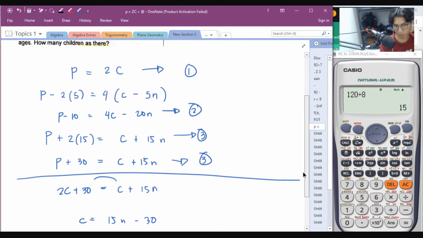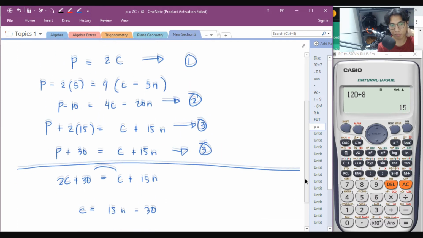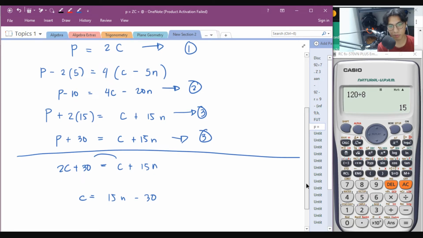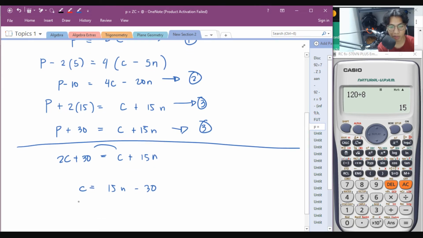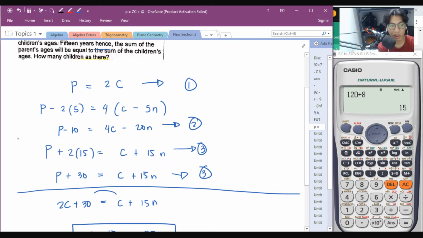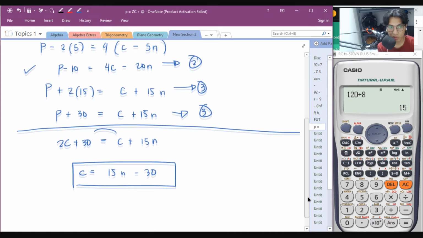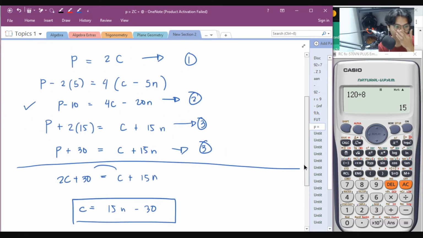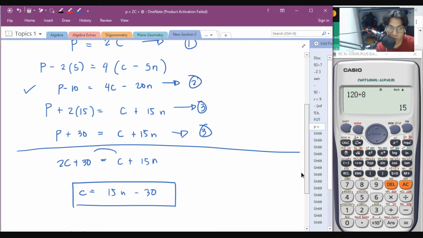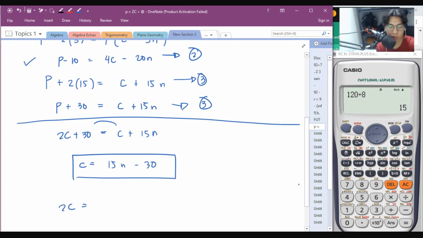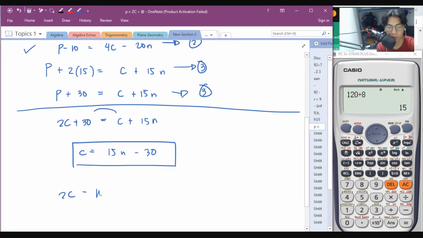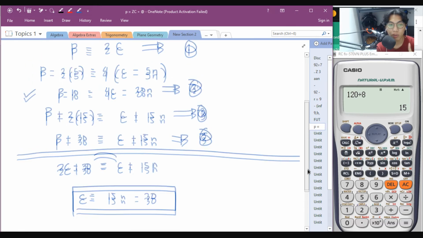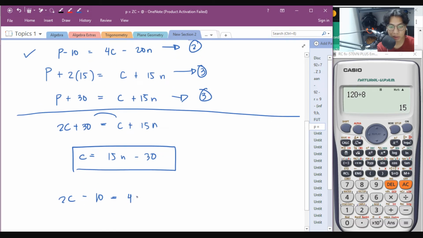Dito naman, mahanap ko pa rin ba si P? Dito sa P minus 10 equal to 4C minus 20N. Ayan, meron na ako nakuha dito ha. Tapos, ipasok ko naman siya sa condition 2. So, 2C minus 10 equal to 4C minus 20N.